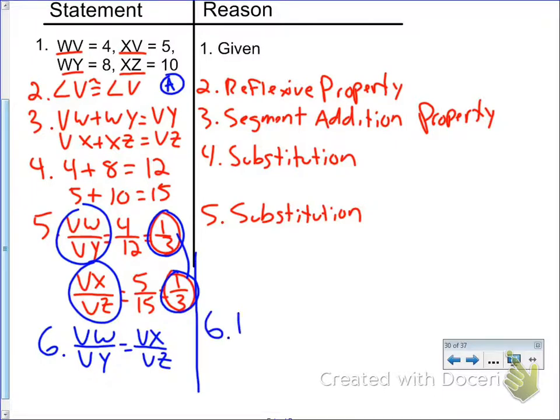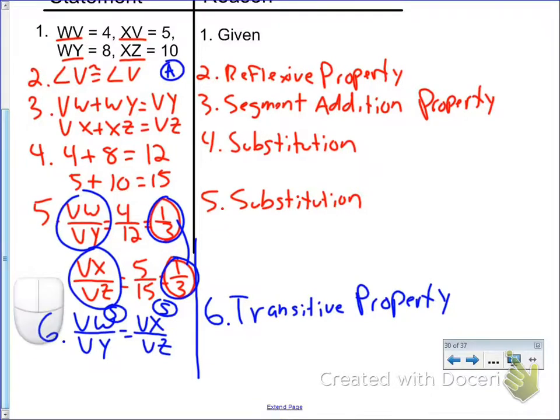And the reason for this is the transitive property. So what I've just done here is I have my two pairs of sides now. This is one pair of sides proportional. This is the second pair of sides proportional. I have my two sides and my included angle. So we now have enough information to say that my triangles are similar to each other.